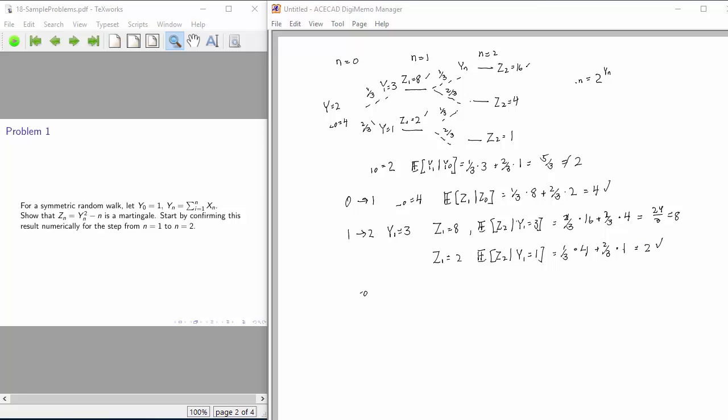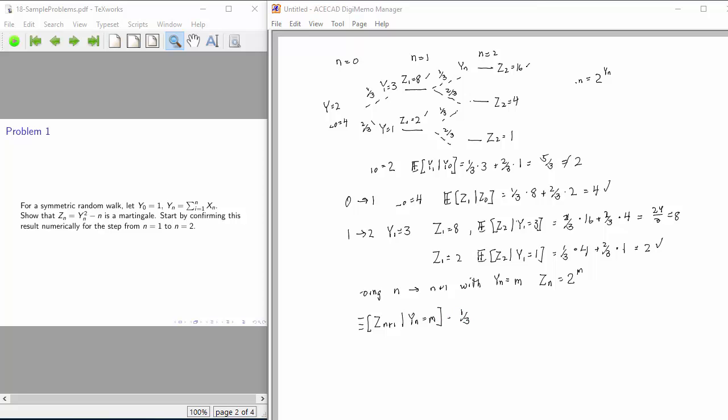Well, let's see if we can do this in general. So we're going from n to n plus 1 with y sub n equal to m, so that z sub n is equal to 2 to the m. And all we have to do is compute the conditional expectation of z sub n plus 1 conditioned on being in state m for y sub n.